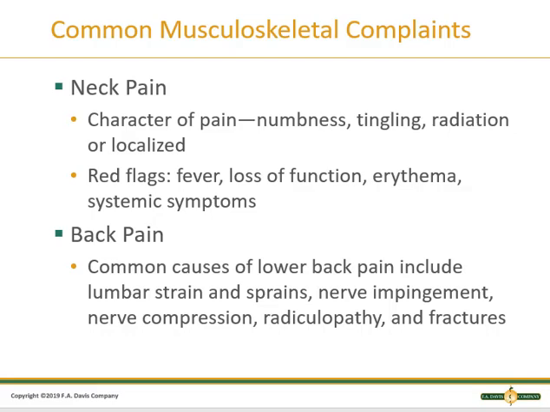These lumbar strains and sprains usually occur from overuse, improper use, or trauma to the muscles and connective tissue of the lower back. There can also be fractures, which can be associated with an acute onset of pain that can radiate around the body. There can also be malignancies or localized infections that could be contributing to the back pain.